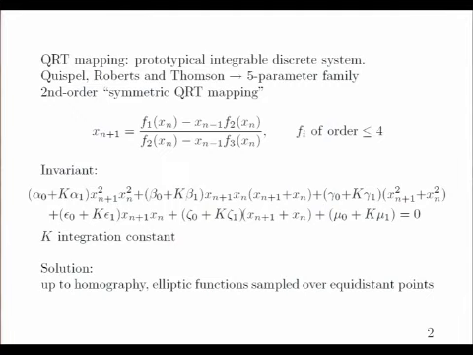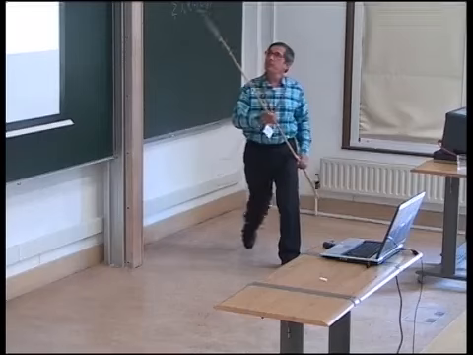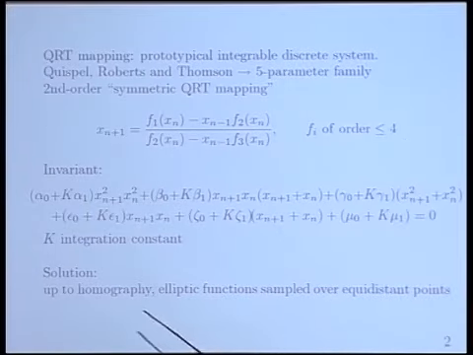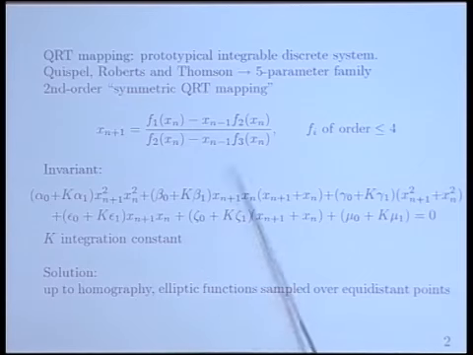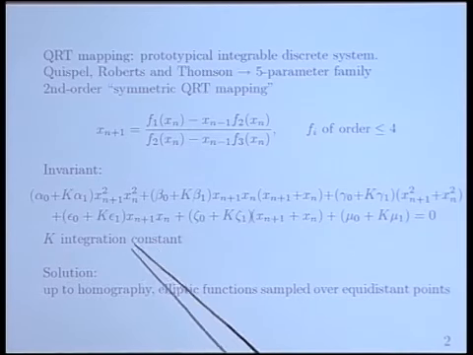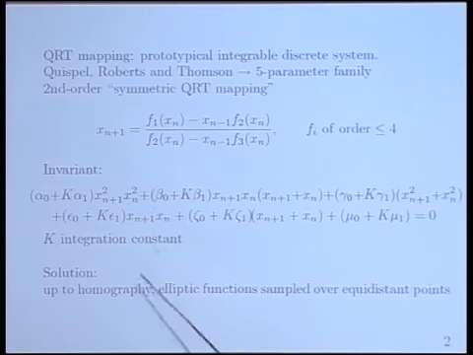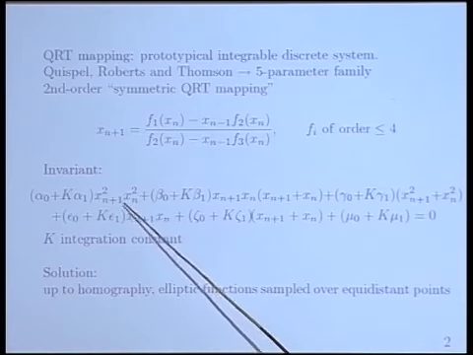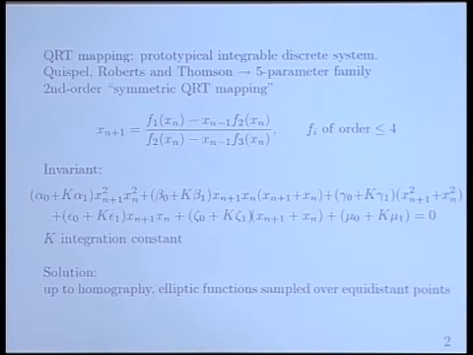It contains effectively 5 parameters, and it's a second order mapping for one variable in terms of 2 ancestors, and it has an invariant in terms of only 2 instances of the variable, and so you take the difference between this quantity at 2 instances, and you get this equation.